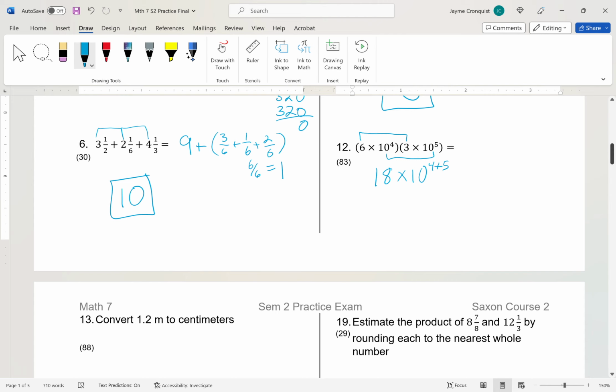Scientific notation can only have one digit in front of the decimal. And right now we've got 2. So we change this into 1.8. Remember, that's actually times 10 to the 1 to get it to be 18. And then I still have the 10 to the 9. So I have 1.8 times 10 to the 10. That's my final answer.